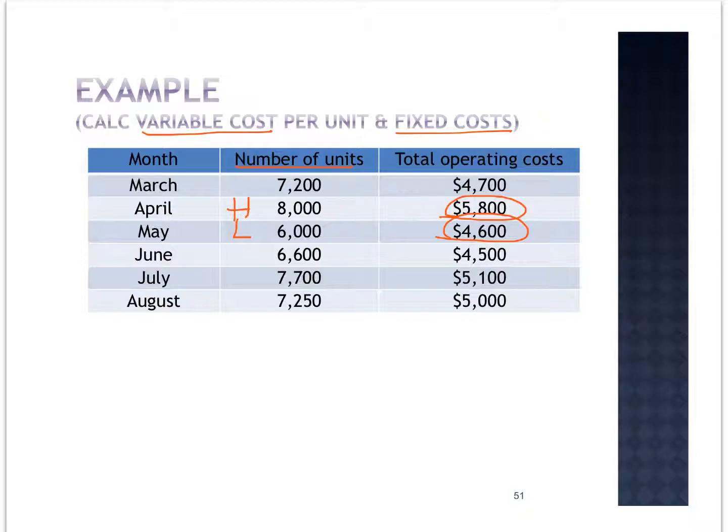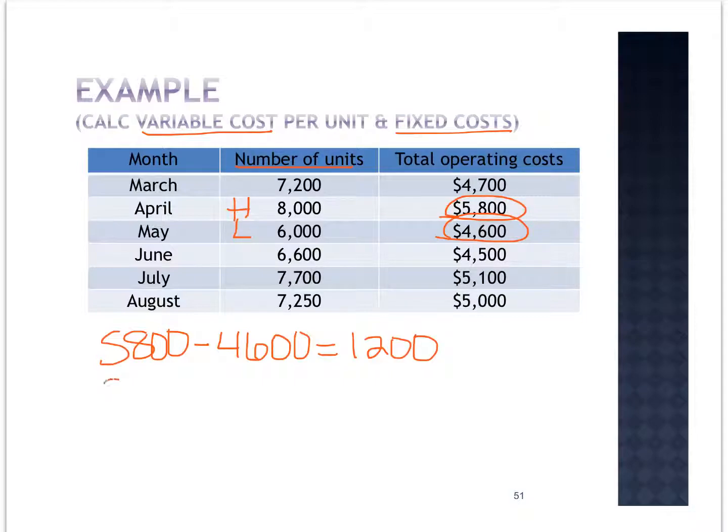So how do we calculate the variable cost per unit? Well, it's the change in cost over the change in volume. So we take our high cost of $5,800 and we subtract our low cost of $4,600, and that gives us a change of $1,200. Then we take the change in activity.